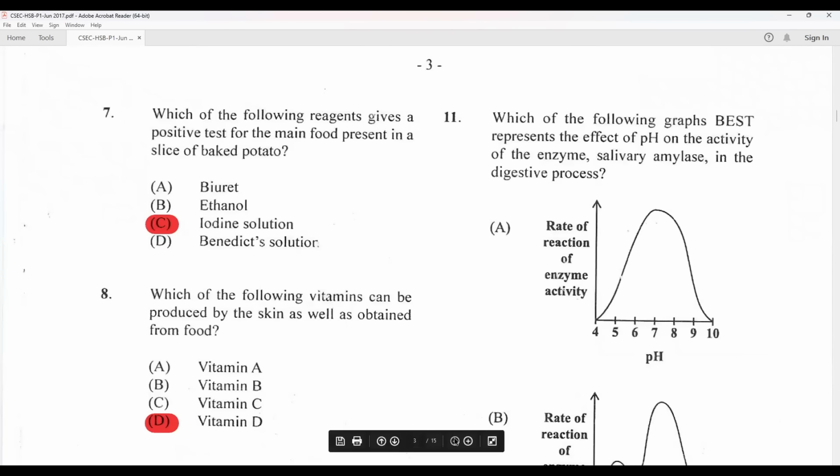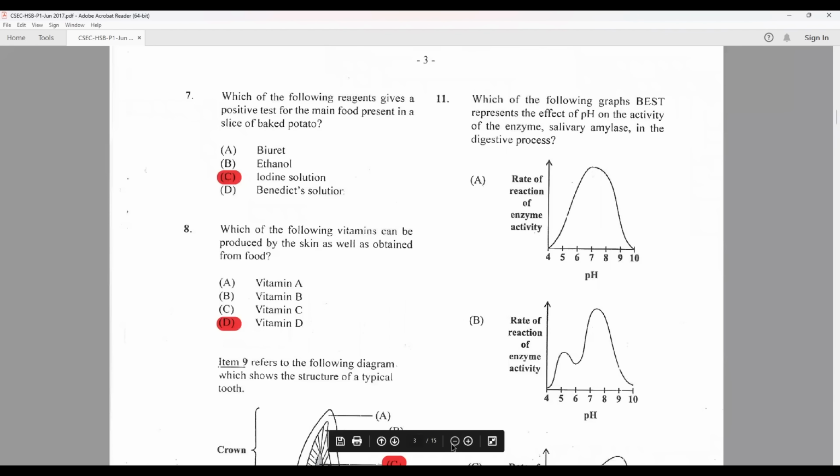Question 11. Let's make it a little smaller. Which of the following graphs best represent the effect of pH on the activity of the enzyme salivary amylase in the digestive process? They ask you for the pH, and you have to think of where salivary amylase is. It's in the mouth, considering they mentioned saliva.